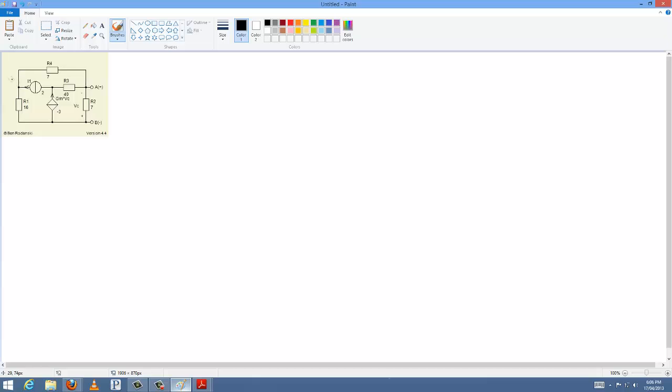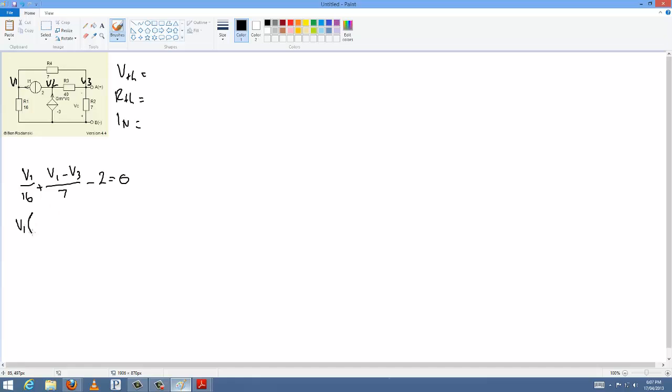We have V1, V2, V3, we have V Thevenin, R Thevenin, I Norton. V1 on 16 plus V1 minus V3 over 7. Our current source is going in, so it's -2 equals 0.